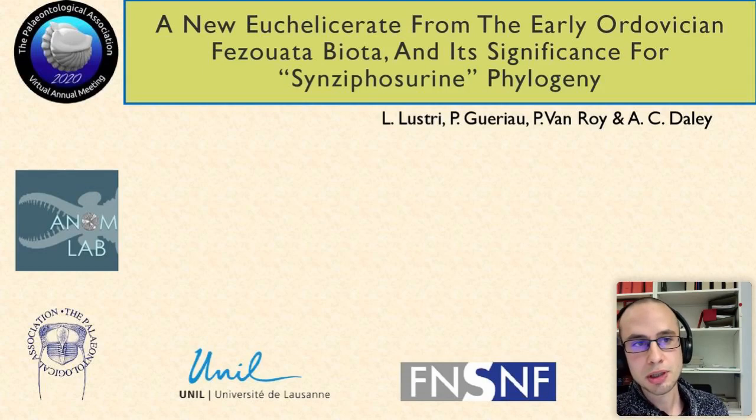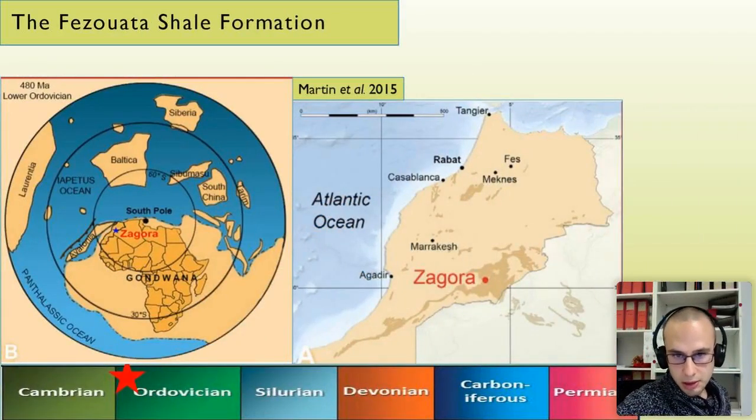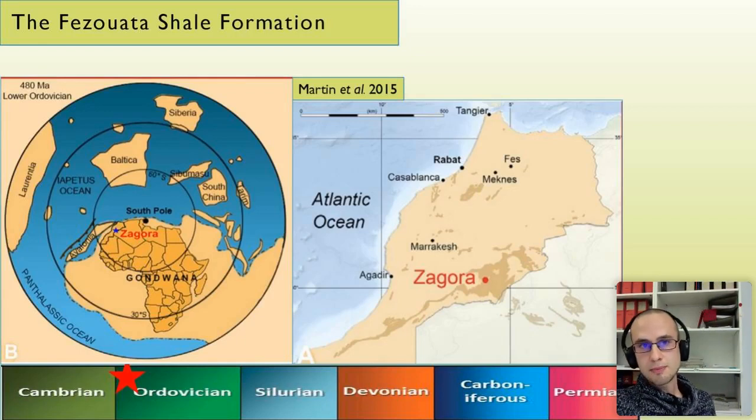Thanks for the introduction, and thanks for watching my talk about the new Euchelicerate from the Fezouata Biota. The Fezouata Biota is recovered in an area north of Zagora. There are several outcrops spread around this area, and Zagora is in the southeast of Morocco.